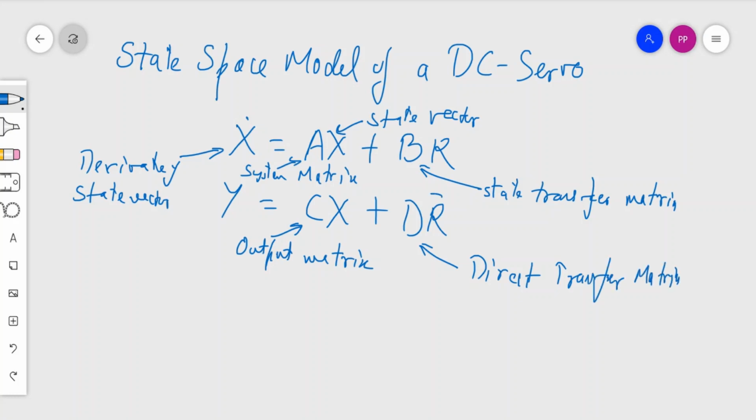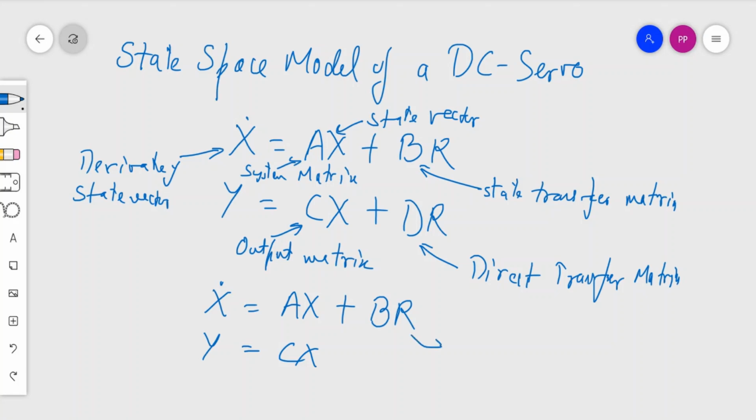So this type of situation is very rare because we don't want to transfer the input or desired input directly to the output. So we are more familiar with the model like x dot equals Ax plus Br and y equals Cx.